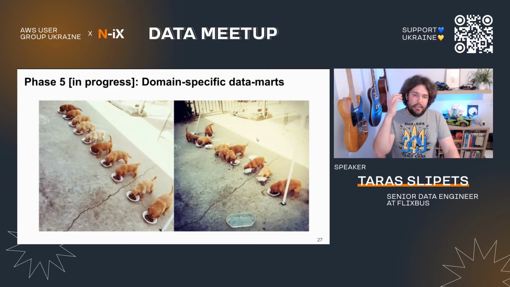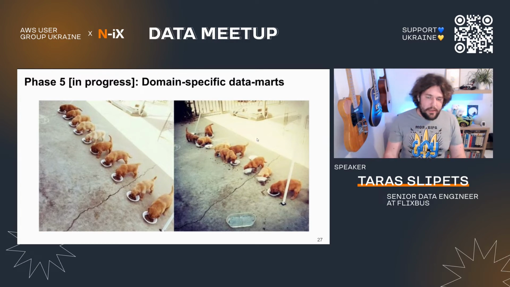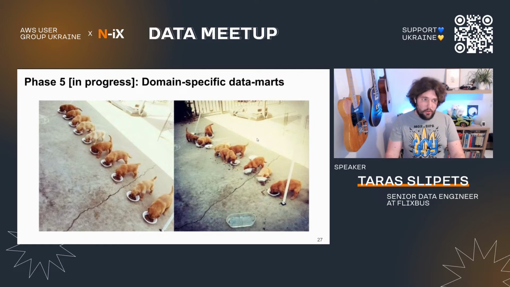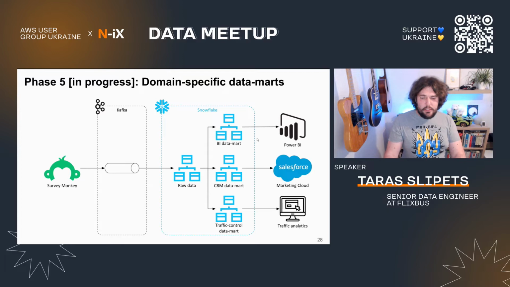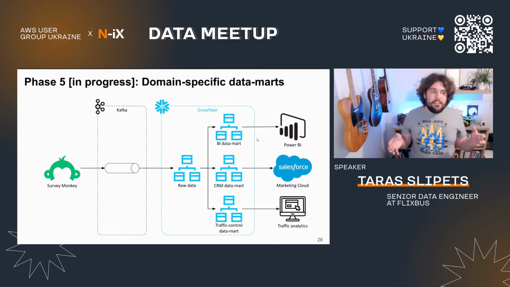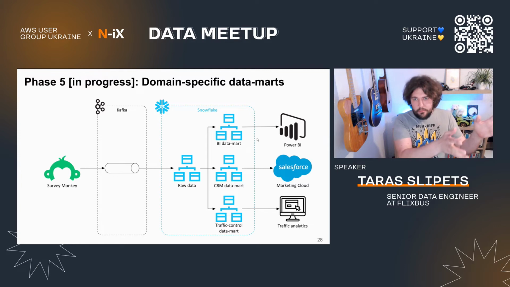Again, we really got some nice benefits from the fact that we built this raw AAV model, which allows us to do something like that. We say, okay, I have my raw data, and now I can build as many representations as I need per different domain. If that's business intelligence, there is one bunch of data sets.